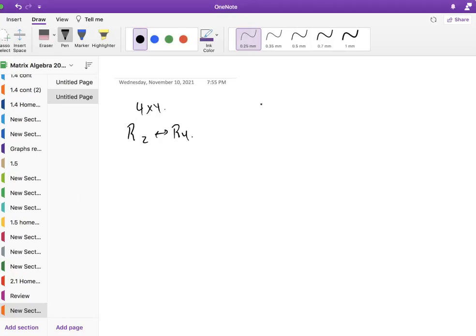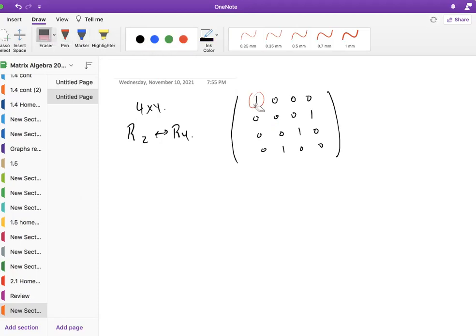Okay, can someone tell me this matrix? Yep, 1 0 0 0, 0 0 0 1, 0 0 1 0, and then 0 1 0 0. It's easier to see when we do it here. For the sake of practice, let's do a cofactor expansion on this element.